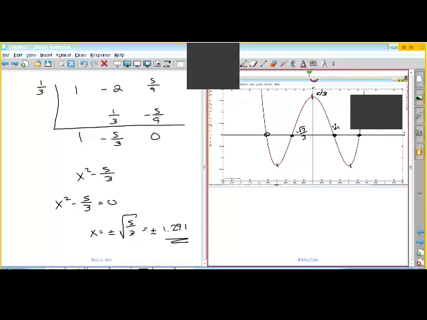This is minus the square root of 3 over 3. This is plus the square root of 3 over 3. This value was negative the square root of 5/3. This was positive the square root of 5/3. This was 0. This was -1. This was +1. So that's all there is to that.